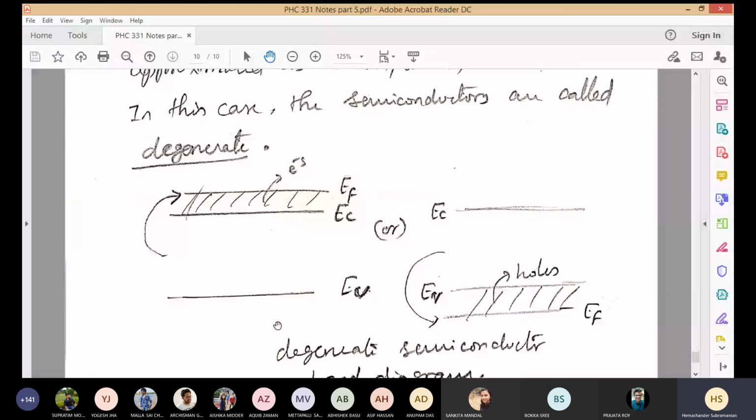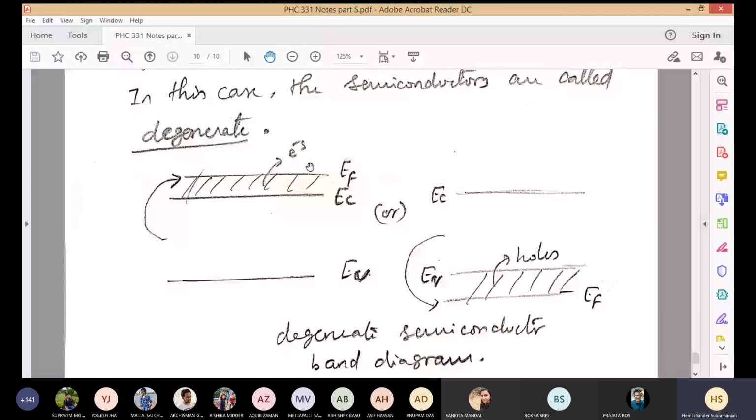So EF, instead of being below EC, has crossed EC and gone above it. In this case, even at temperature T equals 0, there are electrons in the conduction band. For a pure semiconductor, that does not happen. At T equals 0, there are no electrons because electron-hole pairs have not been created.